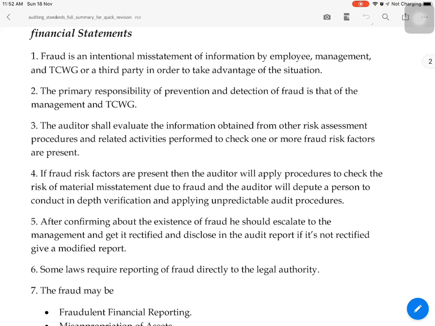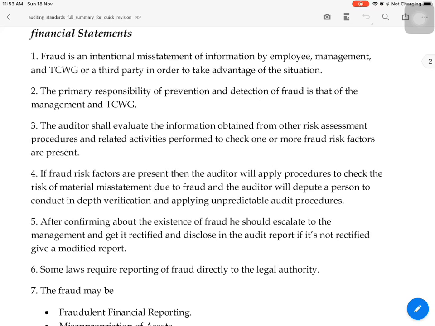And it is also his responsibility to intimate the matter relating to fraud to the central government or the governing authority, along with the necessary justification of such frauds. Right. So the auditor's responsibility first is to maintain professional skepticism during the audit.